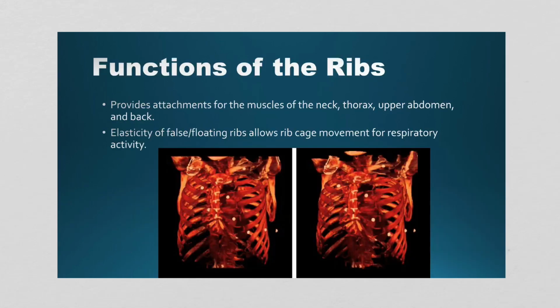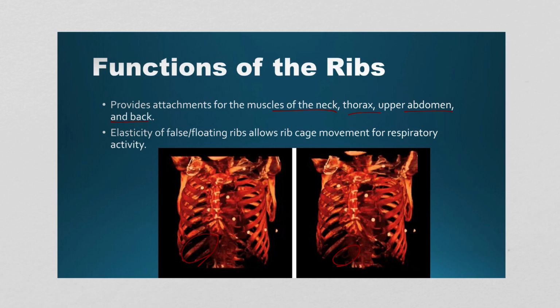So we already said that one of the main functions of the ribs is to protect the internal and vital organs, really the heart and the lungs. And then the second function of the rib cage is to be a landing space for attachments of muscles from the neck, the thorax, upper abdomen, and the back. Additionally, we talked about those floating ribs on the previous slide, and we said they don't have an anterior attachment to the sternum.